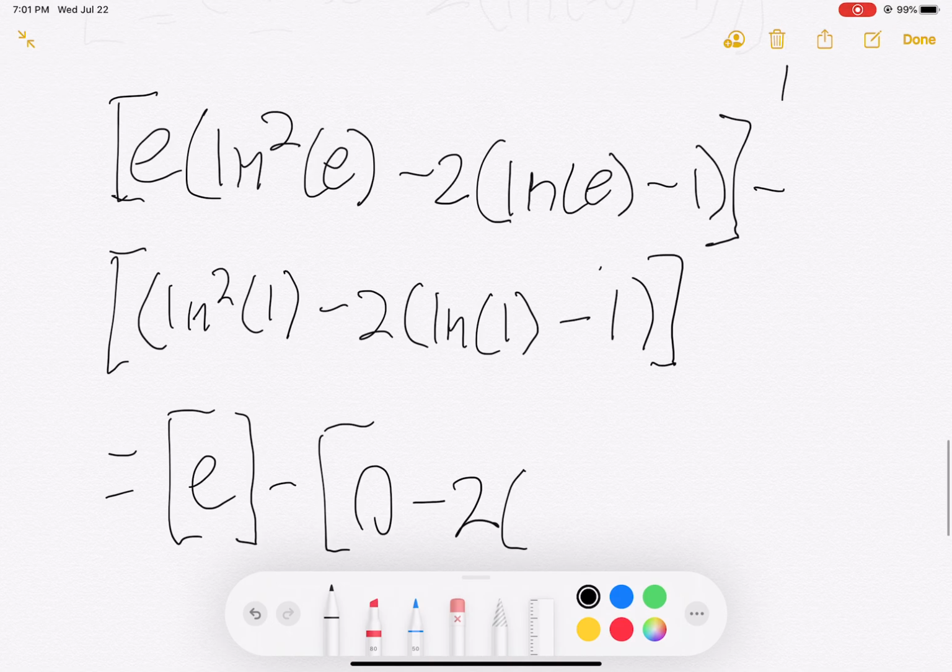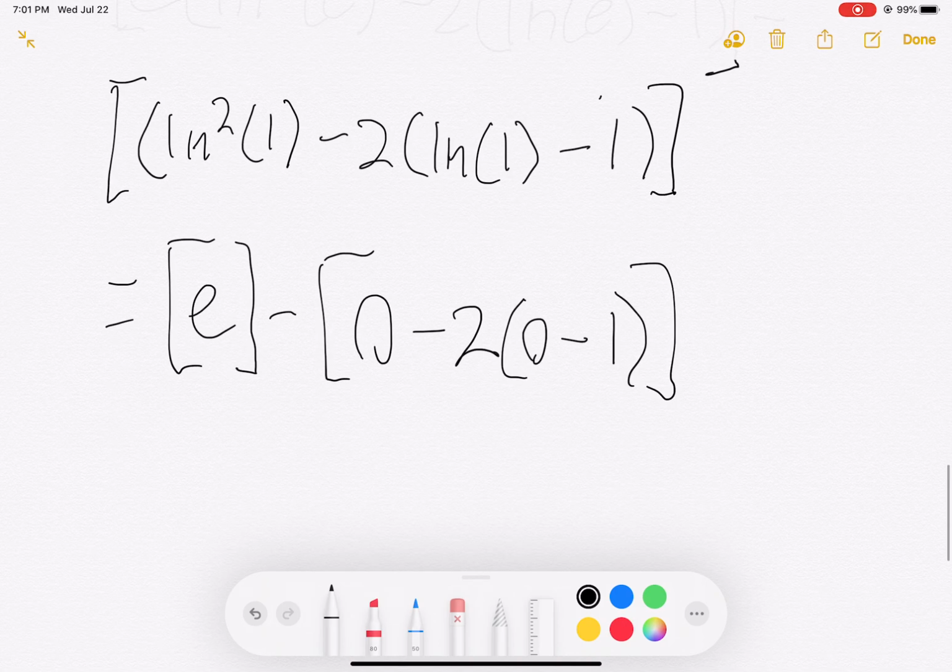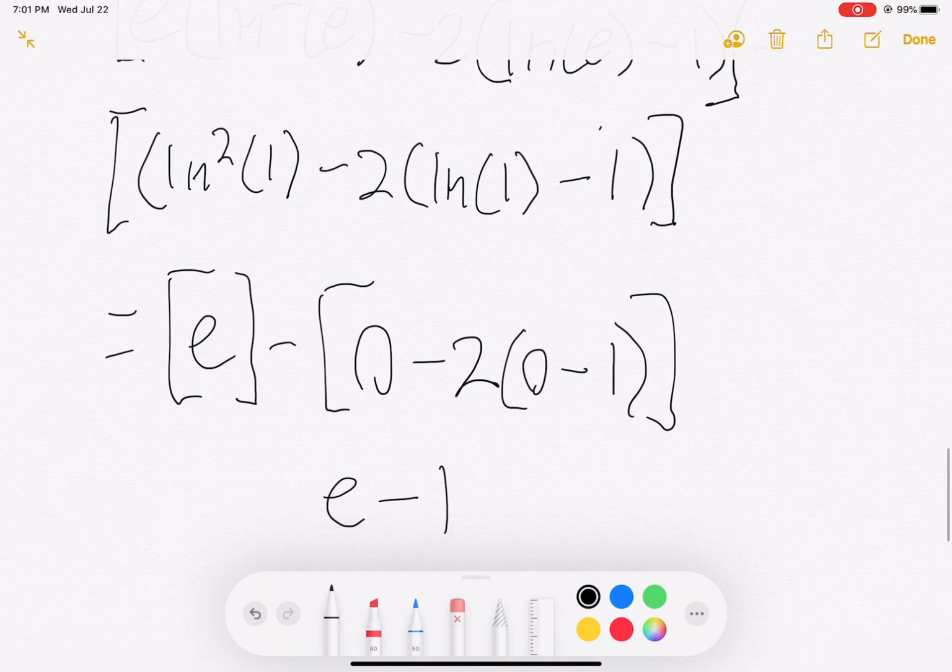Again, this is just going to be 0. So 0 minus 1. All in all, it just simplifies to e minus 1. Right? That's the, minus 2, sorry.